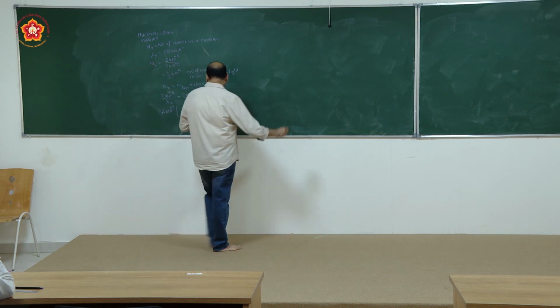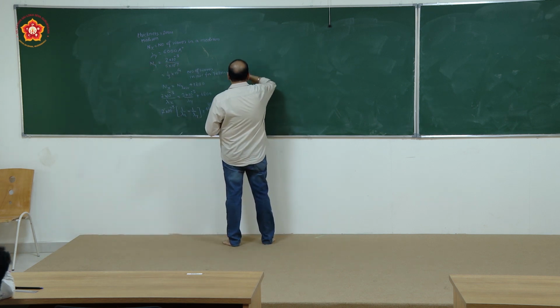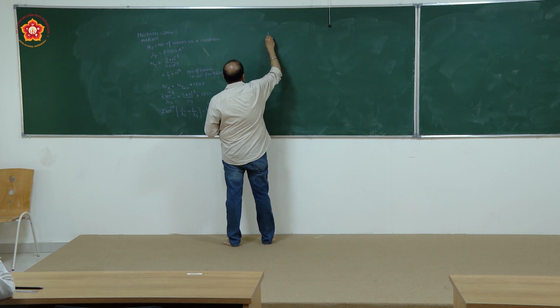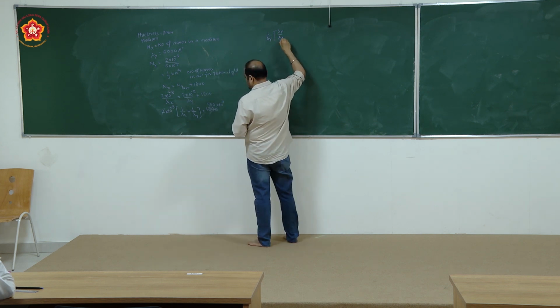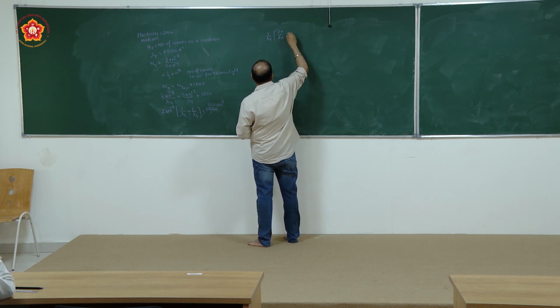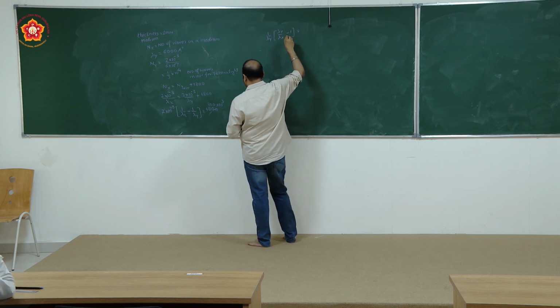Now I can rewrite this relation as 1 upon lambda y in a bracket lambda y upon lambda x. Right? Lambda y upon lambda x minus 1 is equal to 9 into 10 to the power 5.